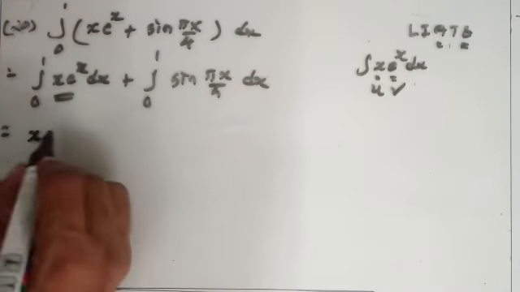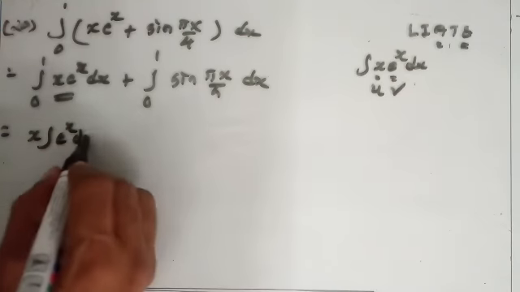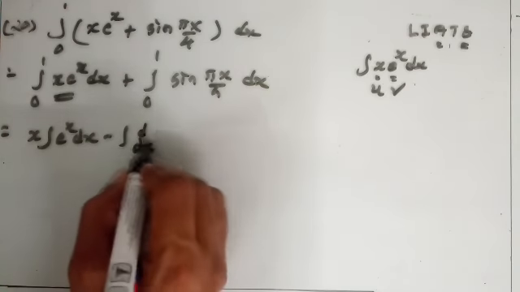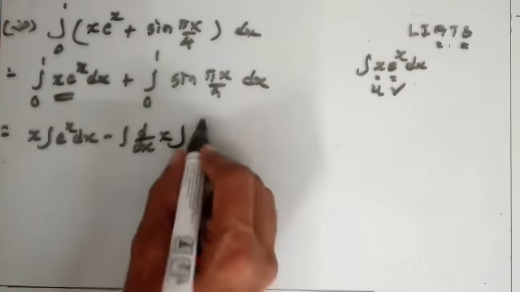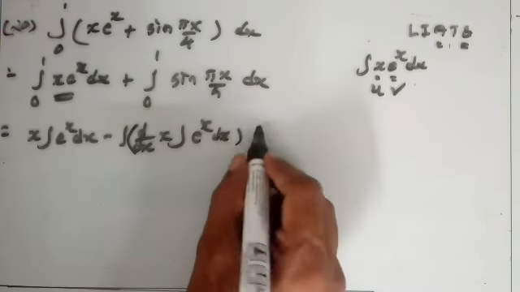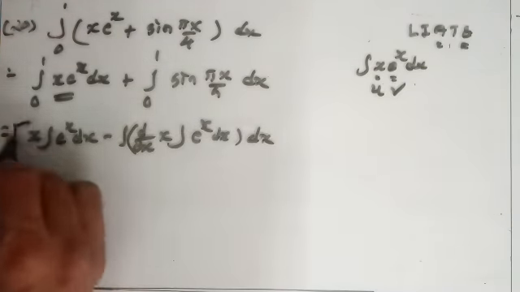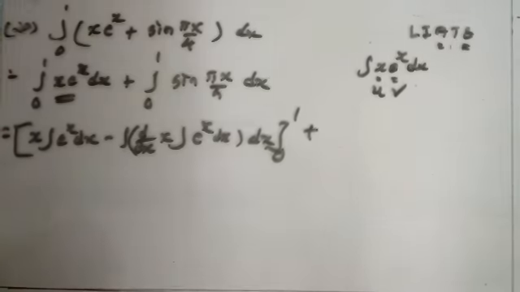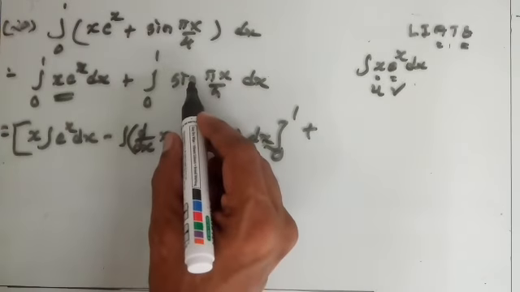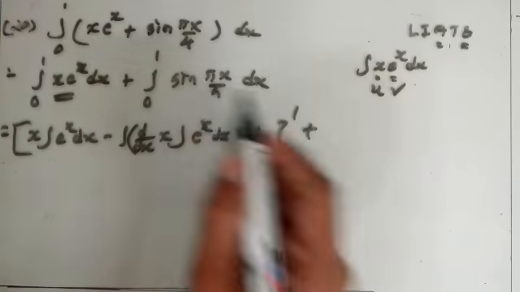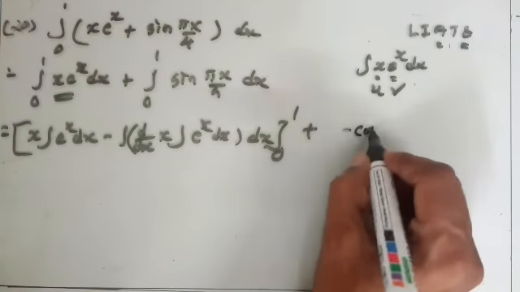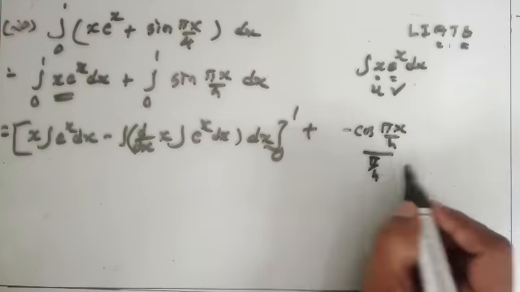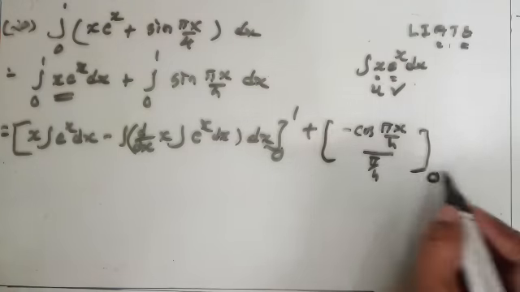So u, that is x, integration e raised to x dx, minus integration of derivative of u, that is x, into integration e raised to x dx, whole dx, and apply 0 to 1, plus, now integration of sin pi x upon 4 is equal to minus cos pi x upon 4 upon pi upon 4, and the limit 0 to 1.